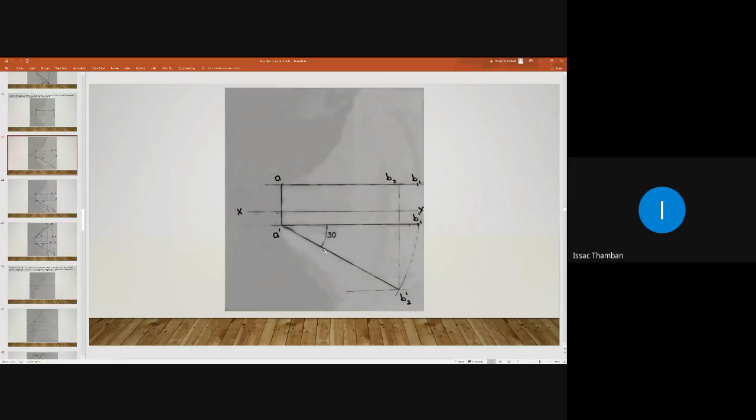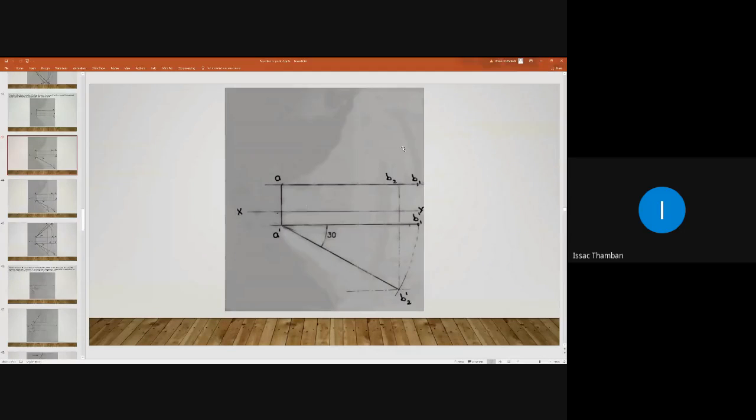Here, see this. I am drawing a 30-degree line in this direction. Why am I drawing the 30-degree line in this direction? Lakshmi, why is the 30-degree line taken in this direction?